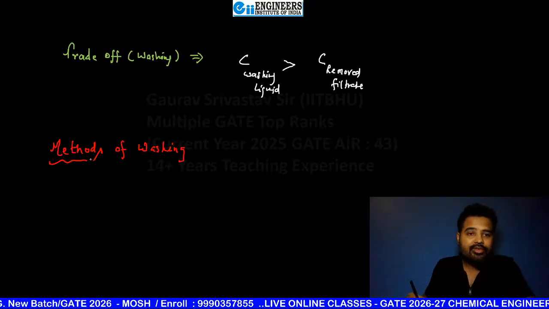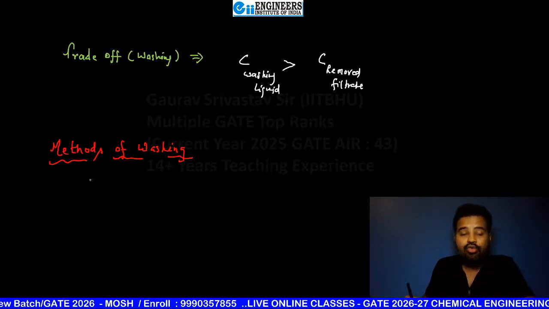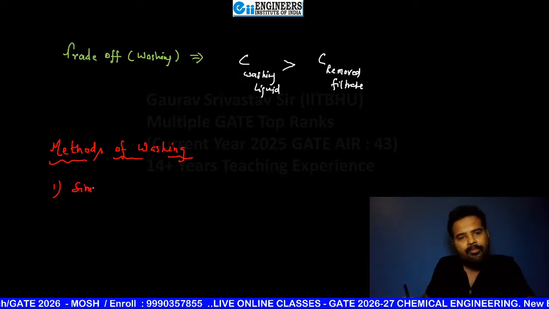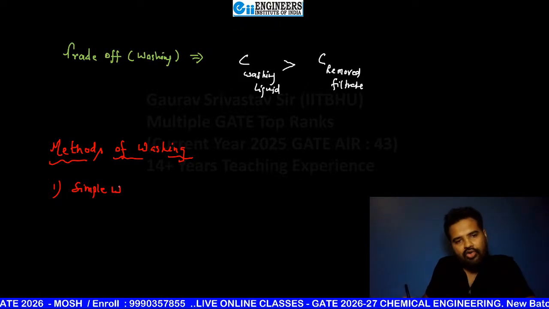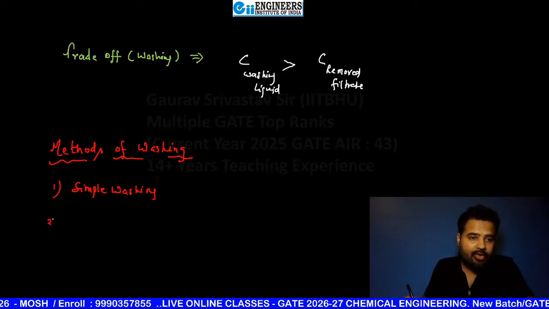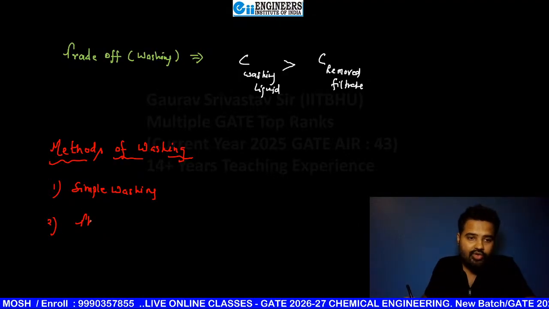So in industries, generally two methods are used. Method number one is simple washing, and method number two is through washing.